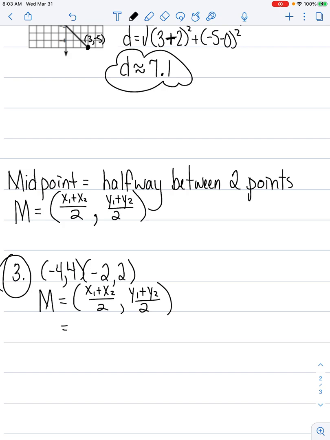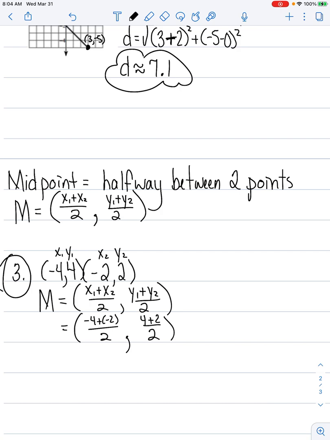Now, for our x's, I have negative 4 plus a negative 2 divided by 2. And then for my y's, because remember this is x1, y1, x2, y2, my y's are 4 and 2. So I'm going to say 4 plus 2 divided by 2.